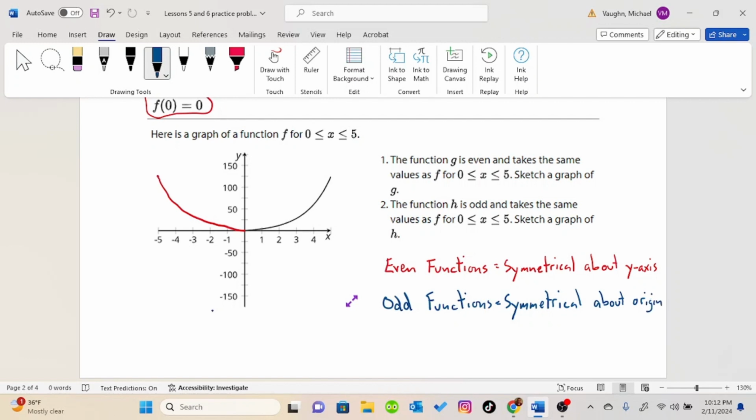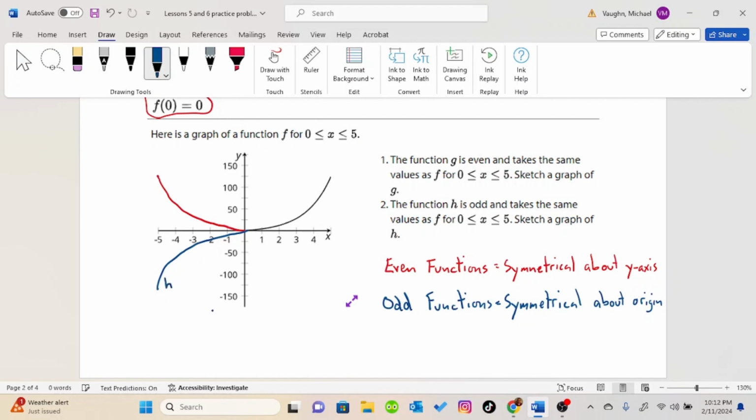So if we take this and we go over the y-axis and then down over the x-axis, now our values are going to start here and curve up to join at the origin.